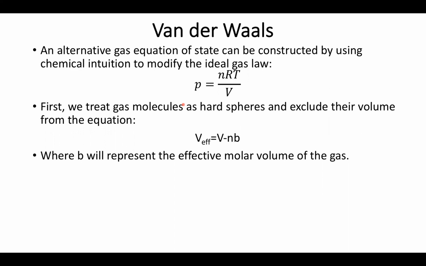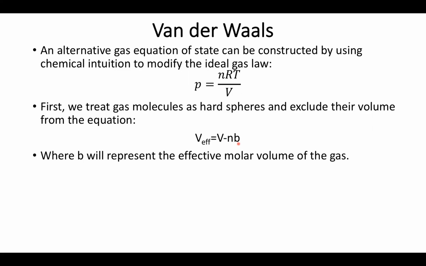So the first thing we need to do is include the actual volume occupied by our gas. Where we traditionally just use the volume of our container, in truth, the volume that our gas has to move around in is the volume of our container minus the volume occupied by the gas, which we represent by the moles of gas times b. So b is an empirical coefficient, one that's determined experimentally, that is essentially a stand-in for the molar volume of the gas.